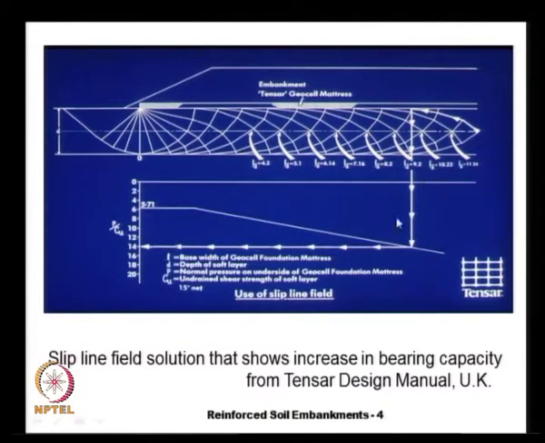But for this particular case, depending on the width of the embankment, our bearing capacity factor is increased to 14, which is quite substantial, because the normal bearing capacity is 5 times Cu, whereas here now we have 14 times Cu, which is almost an increase of 3 times. And more importantly, we can expect uniform settlements because of the provision of this relatively stiff geocell mattress.